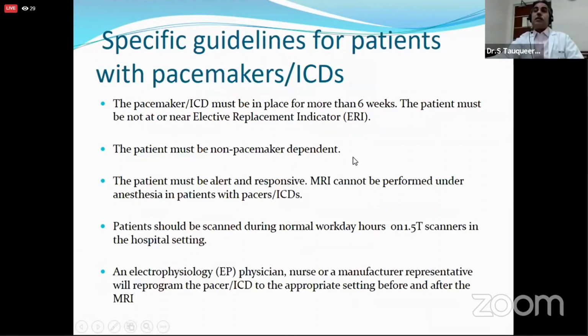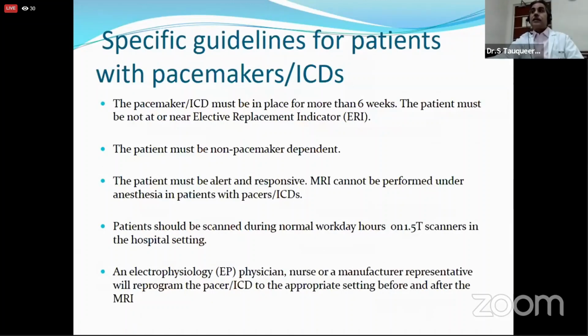The patient should not be pacemaker dependent because the pacemaker needs to be switched off during the period of examination. These scans should be done during the daytime, with an electrophysiology physician available or a manufacturer representative who switches it off and resets it after the examination. So it has to be planned.